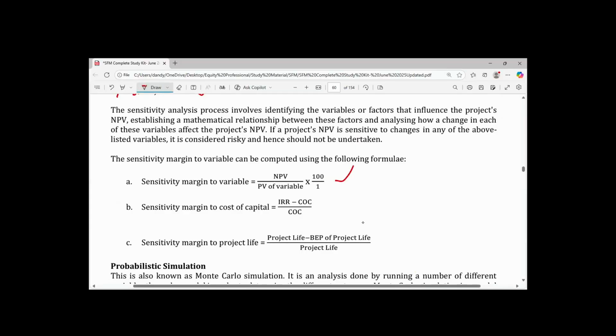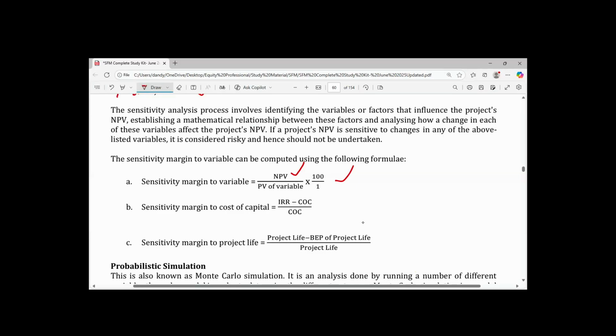NPV divided by the present value of the variable. So that simply means that to calculate sensitivity margin of any of the variables, apart from cost of capital and project life, I need to calculate net present value, because it is that net present value you are going to use as the numerator. Then you use the present value of each variable as your denominator. Whatever you have thereafter will represent the sensitivity margin of that variable, which represents the percentage change in that variable before the project will become unviable.